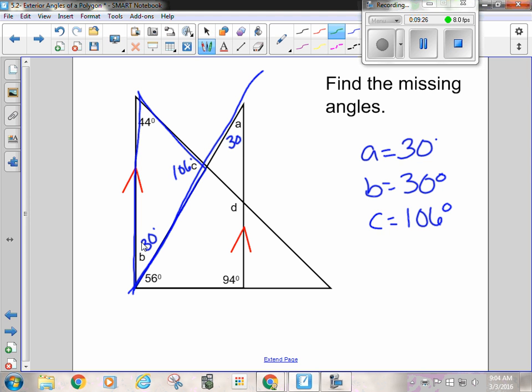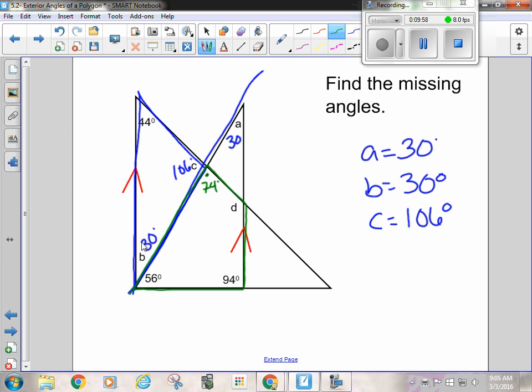Okay, so that just brings us to D. I can use some knowledge about supplementary angles and find this angle over here, and then that brings me closer to finding D. So angle C plus that other angle is 180. That means my other angle is going to be 74 degrees. Now, looking at my quadrilateral, I know 3 out of my 4 angles, and we did this in notes, the sum of the interior angles is 360 degrees.